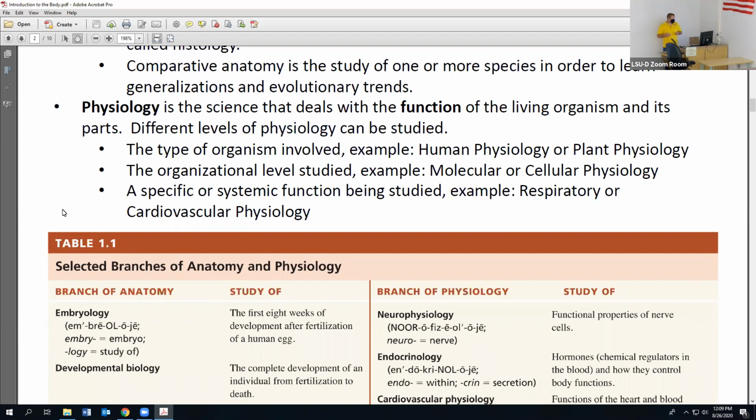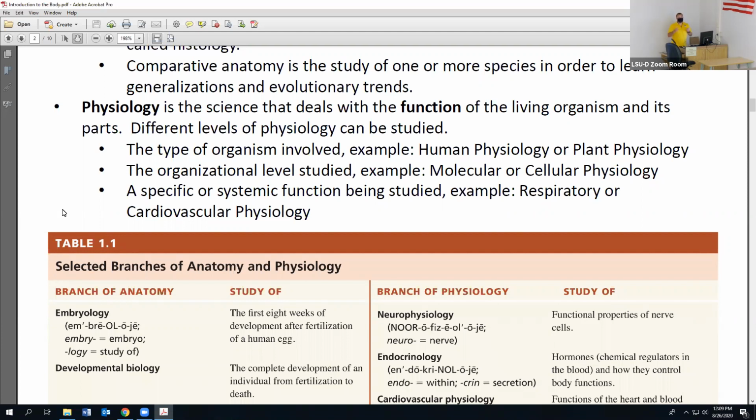Just like anatomy, we can look at it at different levels. For example, you could study human physiology. Obviously, that's what we're going to do. We're not going to talk about plant physiology. Organizational level study could include things like molecular, cellular physiology.